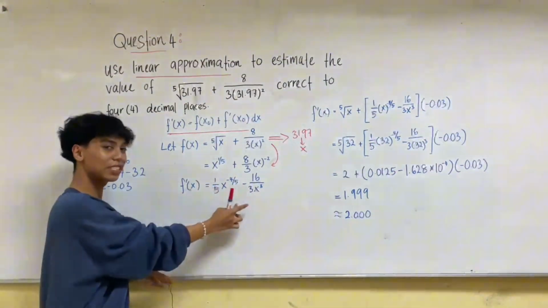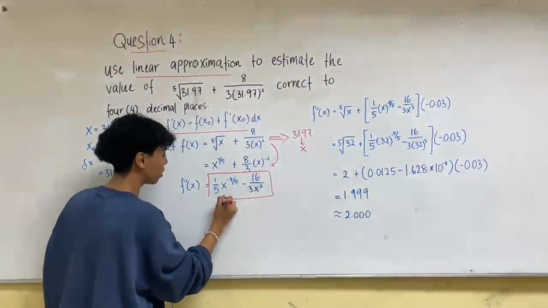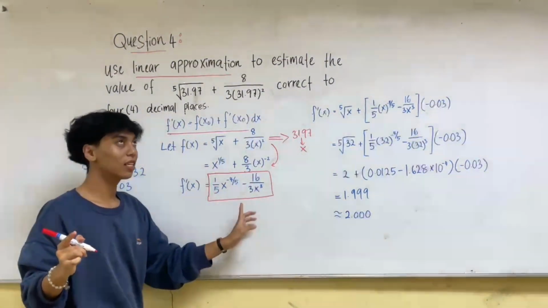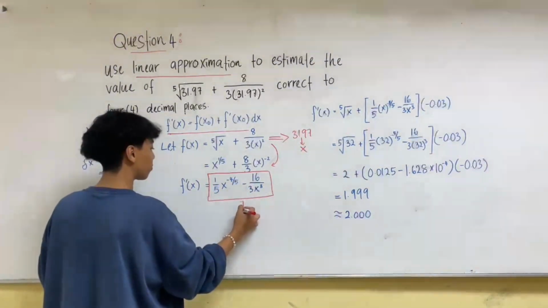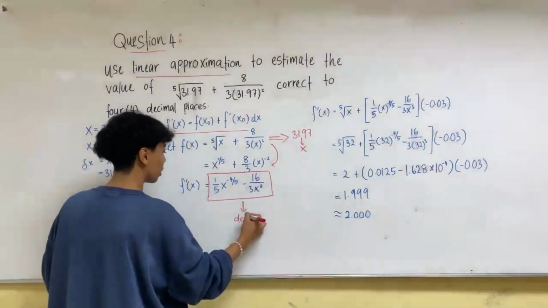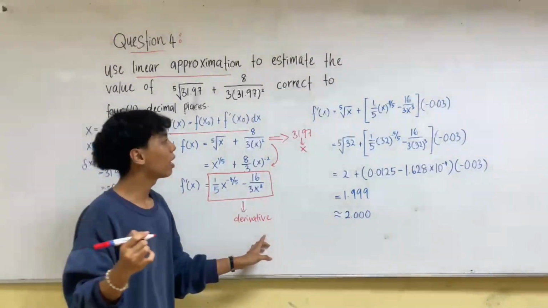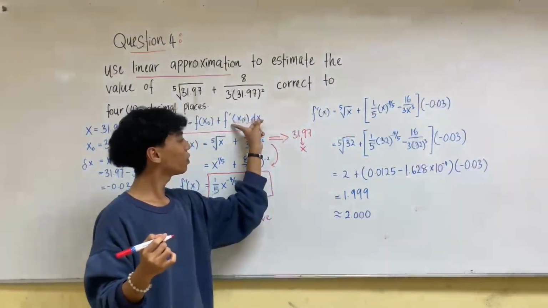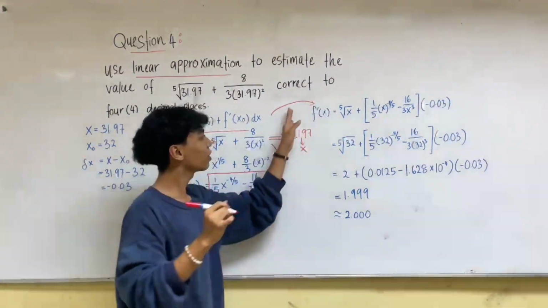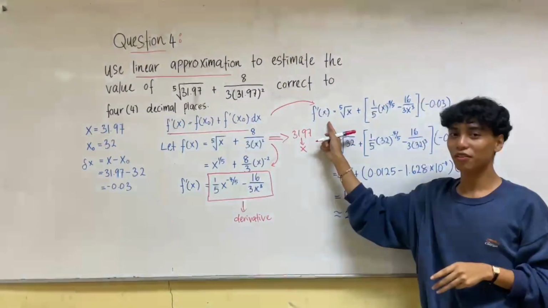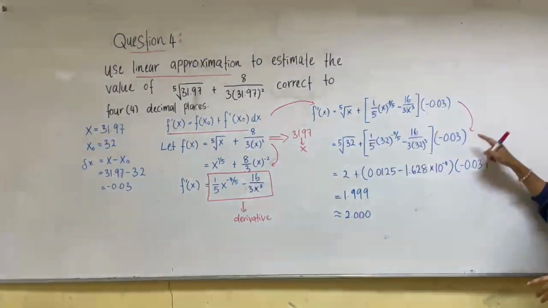So this is the final equation for the derivative. After that, we substitute it into the formula, giving us this equation.